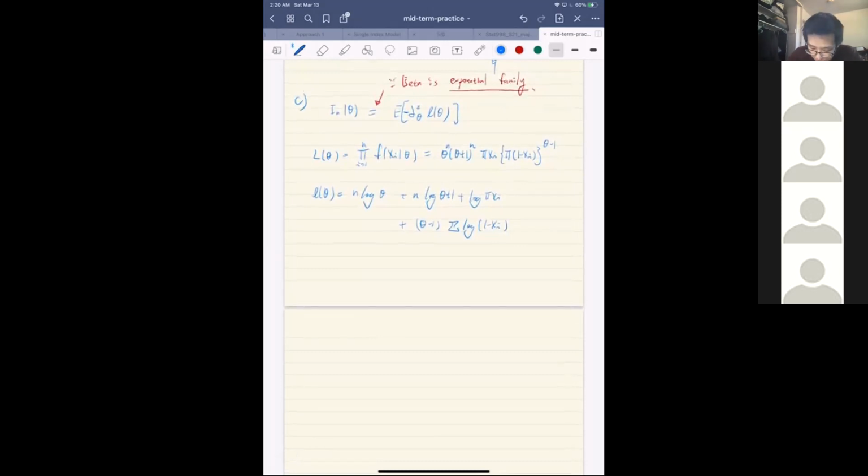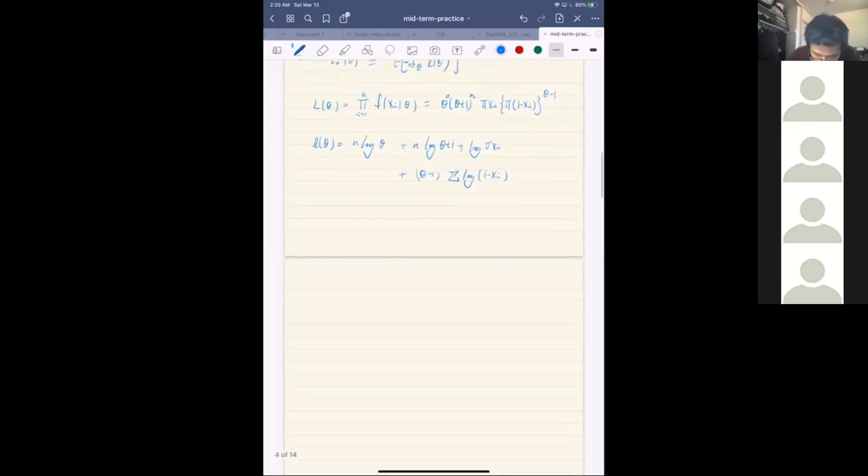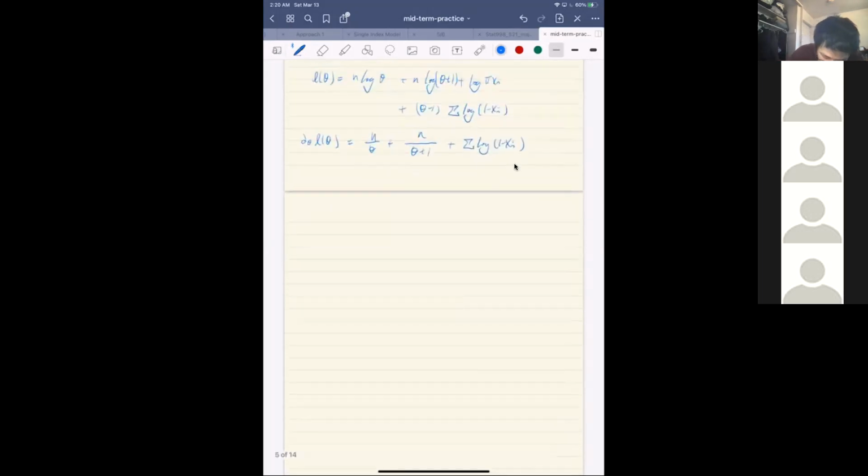And then we take the derivative, and we find this, which is equal to this plus theta plus 1, and plus this. So we do it again.